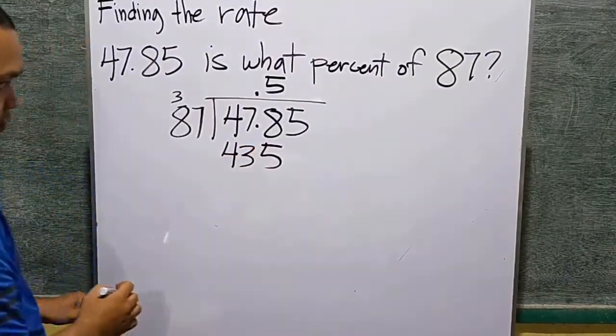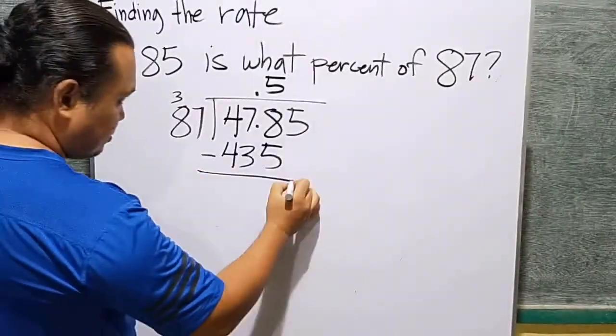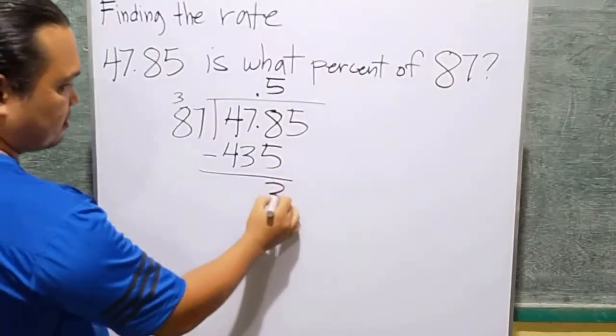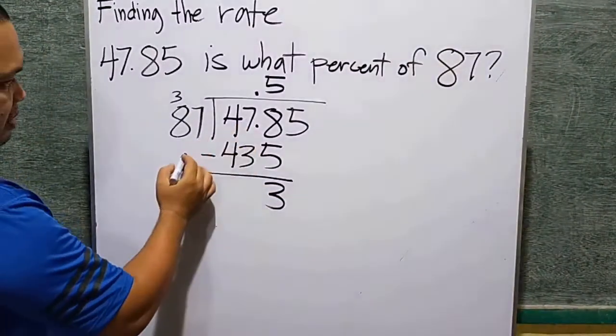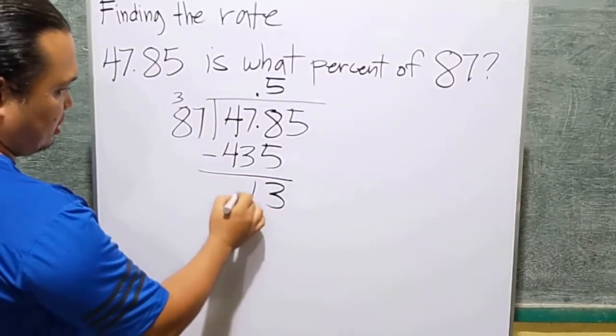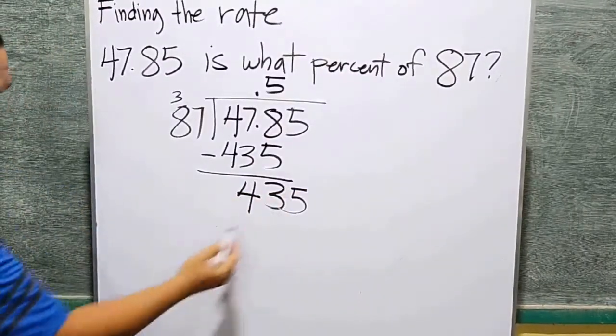So we have 435. Let's subtract. Now 8 minus 5 is 3, while 7 minus 3 is 4. Bring down 5.